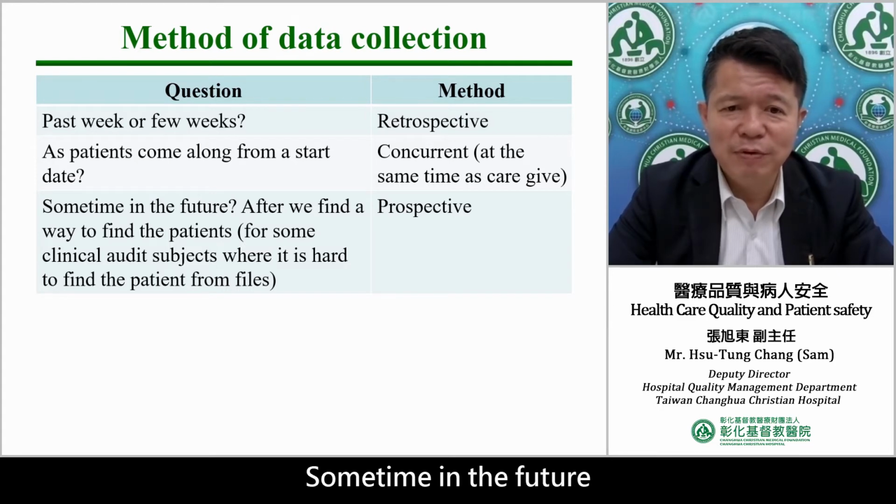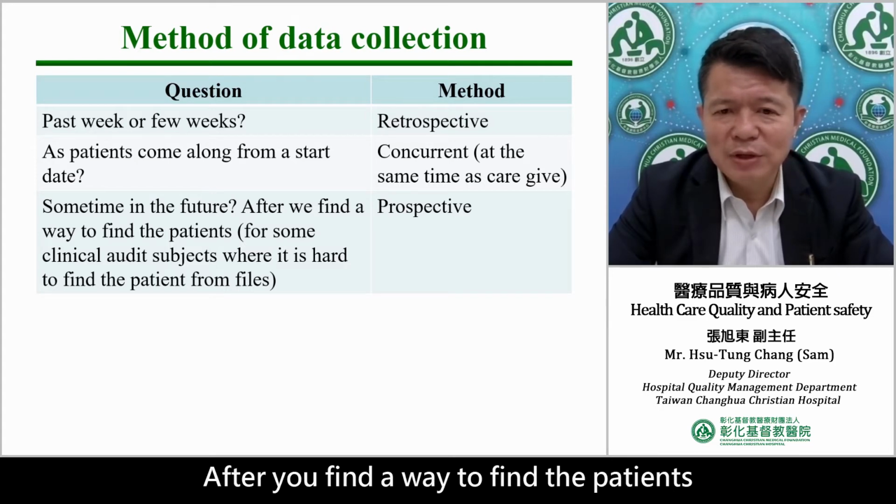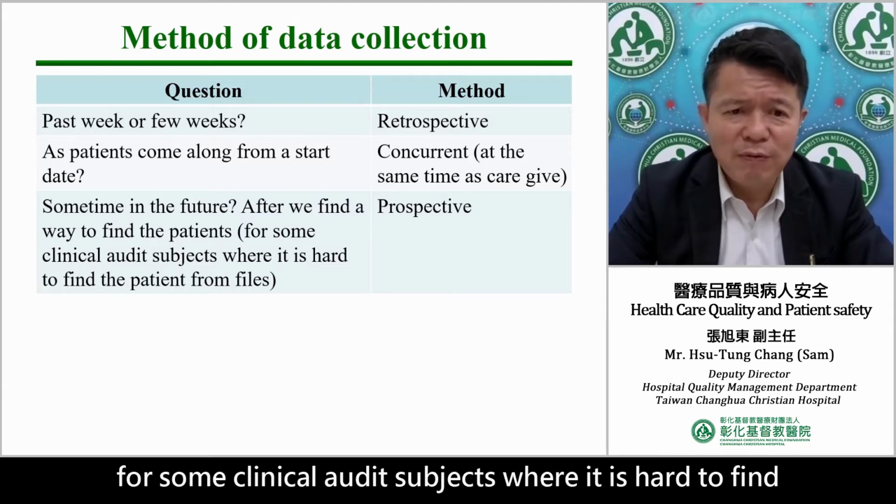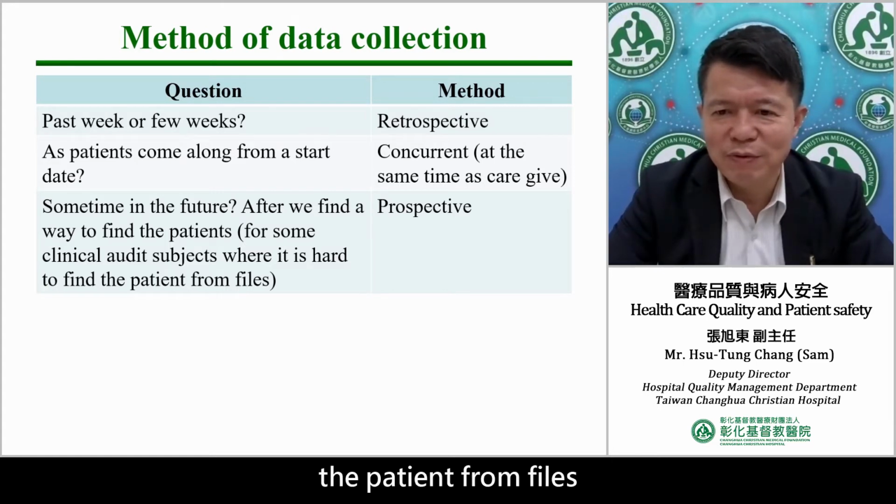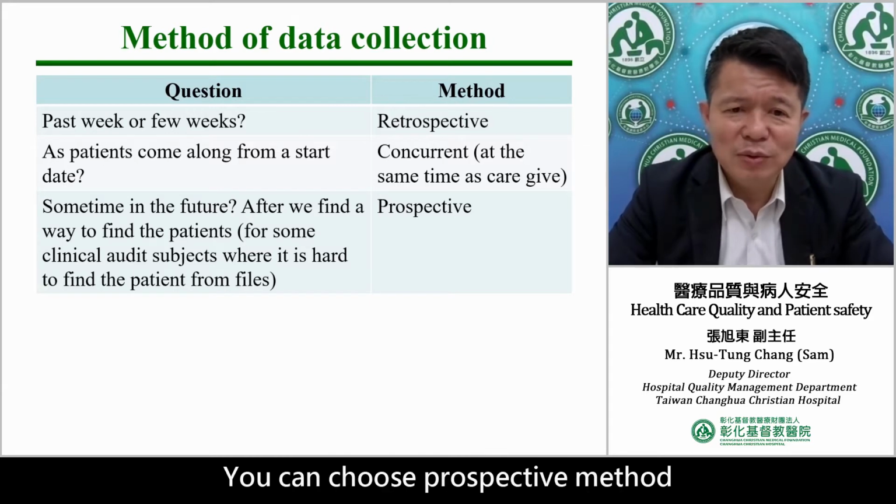Sometime in the future, after you find a way to find the patients, for some clinical audit subjects where it's hard to find the patients from files, you can choose the prospective method.